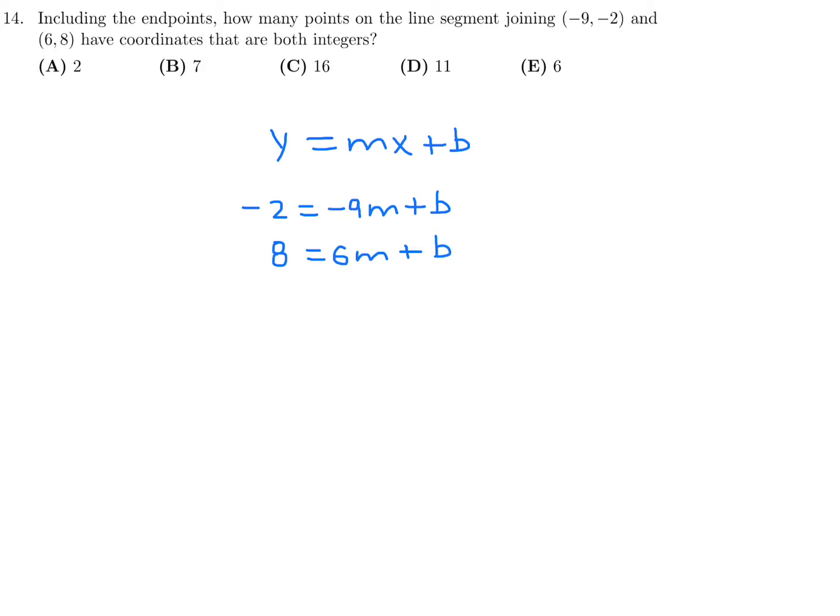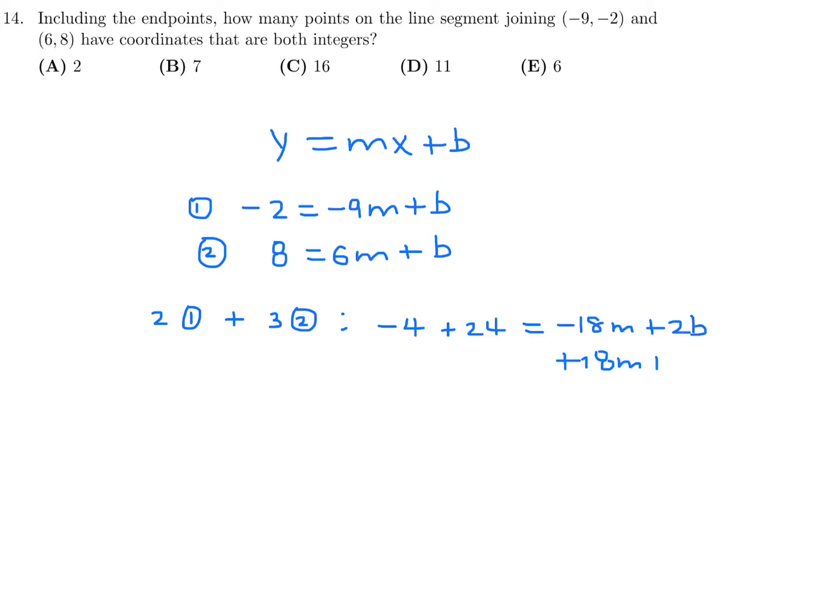Okay, well, let's see here. If I multiply this guy by 2 and then add to it the second equation multiplied by 3, I think that will help. And when I do that, I get negative 4 plus 24, and on this side I get negative 18m plus 2b plus 18m plus 3b.